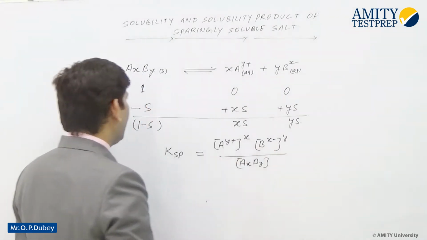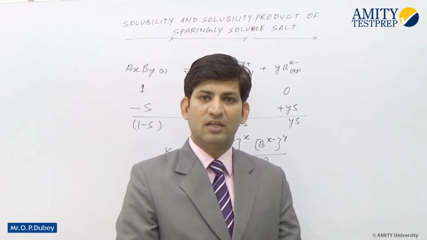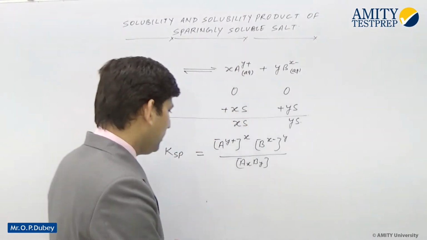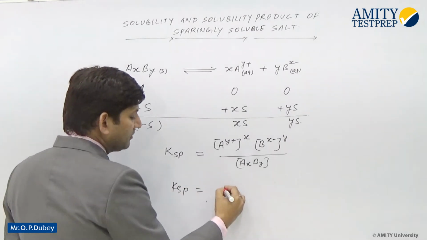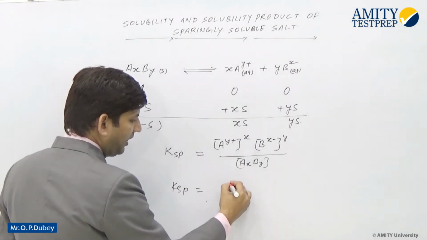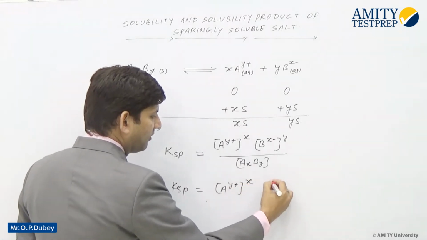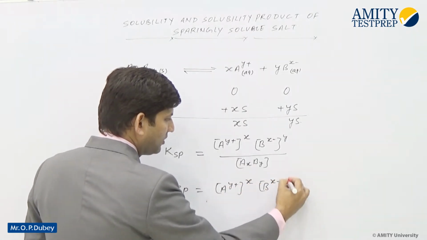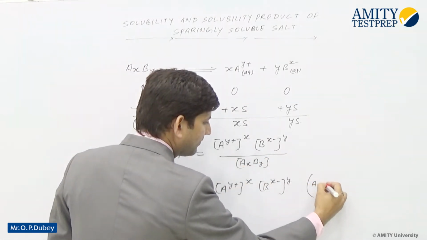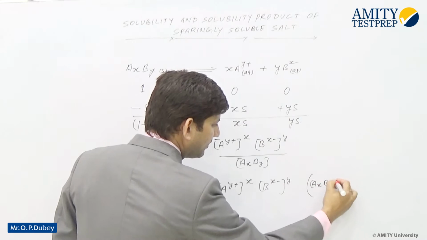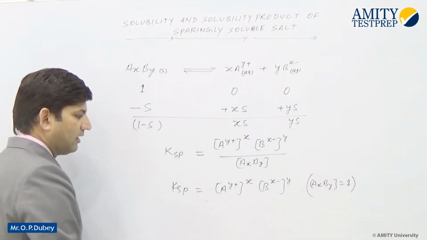Since AxBy is a pure solid, its concentration is taken to be 1 at equilibrium. That means the expression of Ksp is the concentration of A^y+ raised to the power x and B^x- raised to the power y, and the concentration of AxBy is equal to 1 because it is a pure solid.